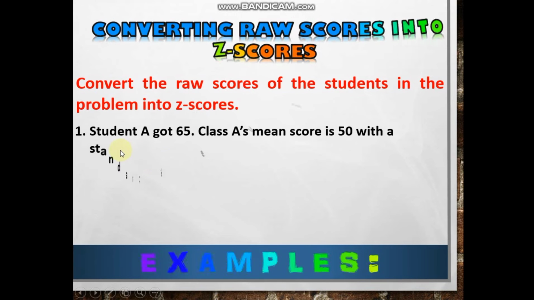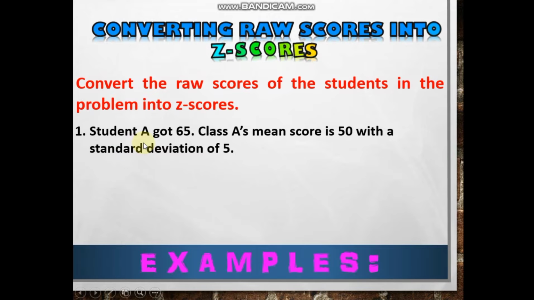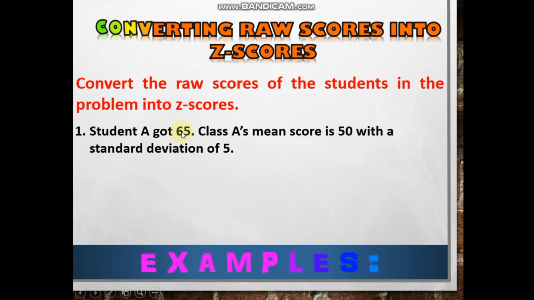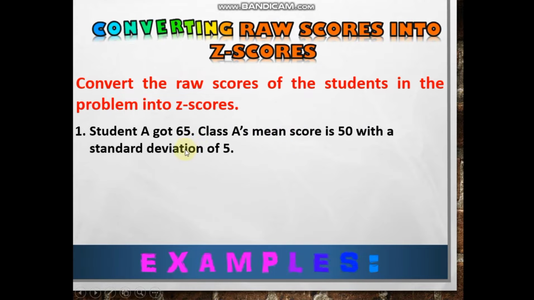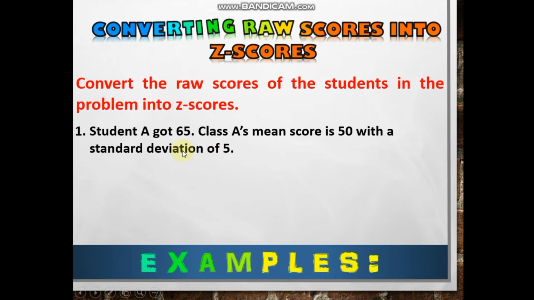The first, we have student A who got 65. Class A's mean score is 50 with a standard deviation of 5. Take note, this 65 here is your raw score, this 50 is your mean, and your 5 here is your standard deviation.